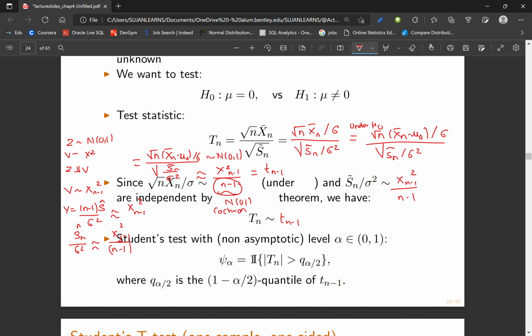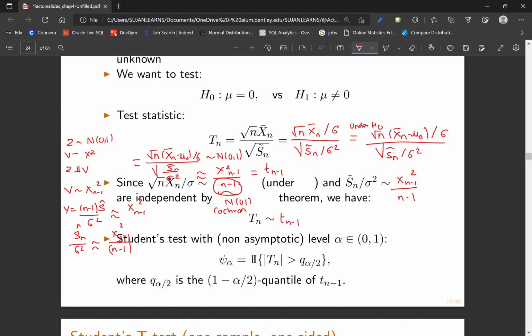Now moving on, we can say that for the student's t-test with non-asymptotic level alpha, between 0 and 1, this test is defined by the absolute value of the test statistic being greater than q alpha divided by 2, the quantile of alpha divided by 2.